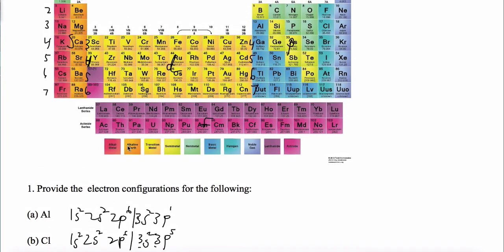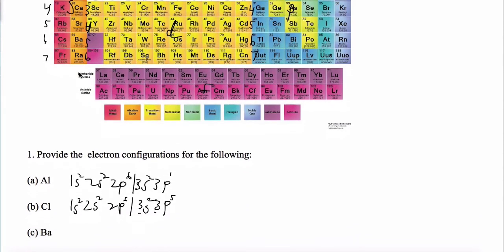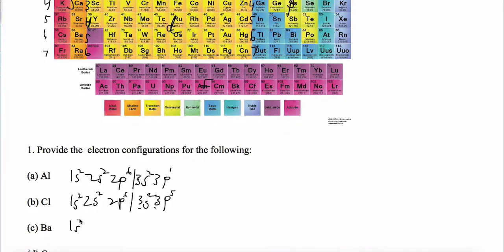Barium is right here. Okay, so with barium, it's going to take a while, but it's good practice. We're going to wrap around to 56. So with barium, it would be 1s2, 2s2, 2p6, 3s2, 3p6, 4s2, 3d10, 4p6.